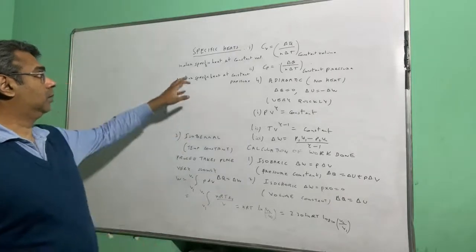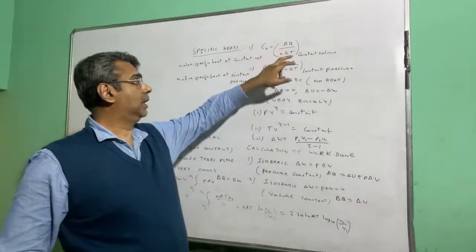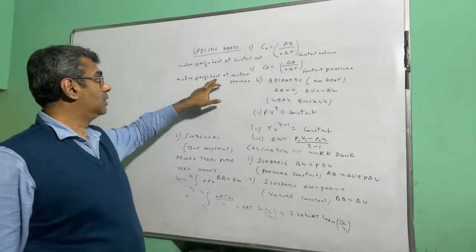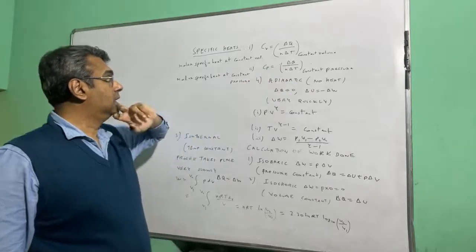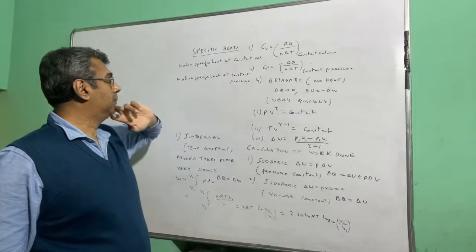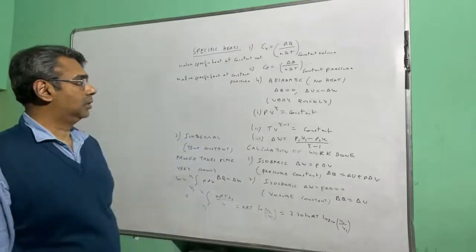So the molar specific heat at constant volume, the symbol is CV, is heat supplied by n into delta T, and molar specific heat at constant pressure is CP, that is heat supplied by n into delta T. So this is CV and this is CP. So these are the molar specific heats at constant volume and constant pressure.